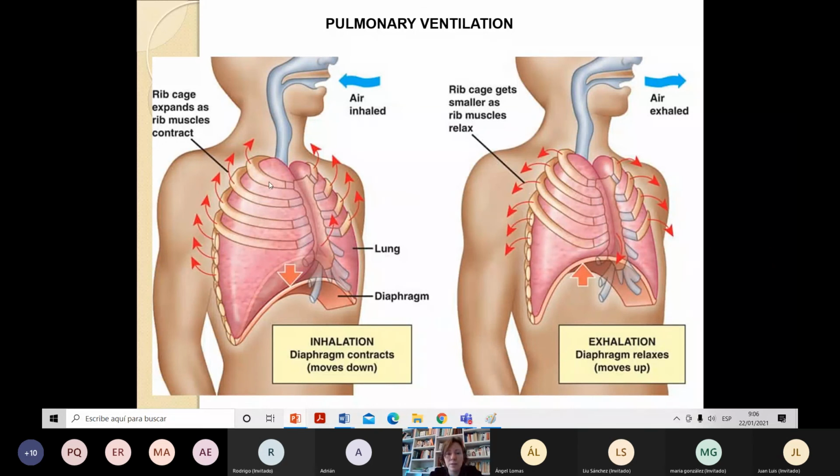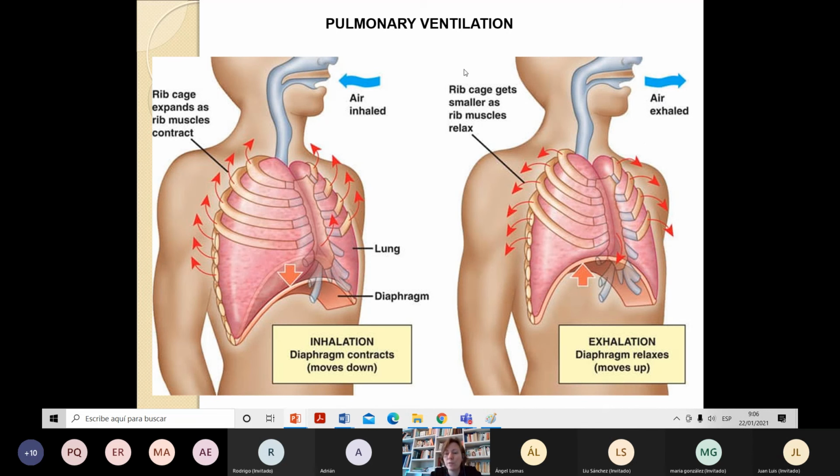And this leaves more space for the lungs, therefore air gets in. The other movement is exhalation. The diaphragm relaxes, moving upward again. The intercostal muscles relax, moving downward again. Because there's no room in the lungs, this air will be sent out and I'm exhaling.